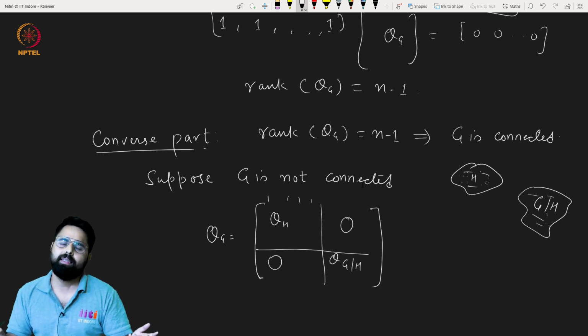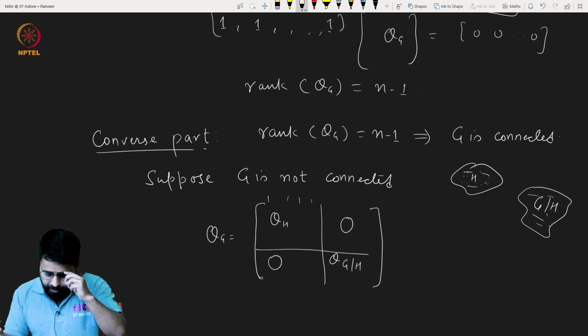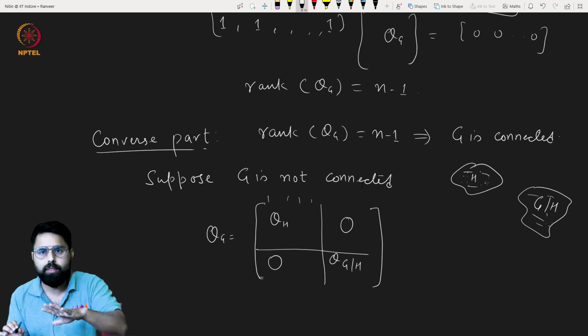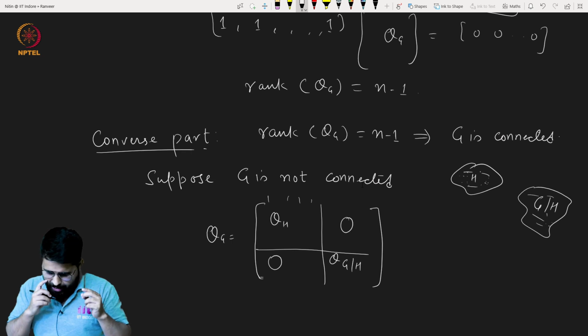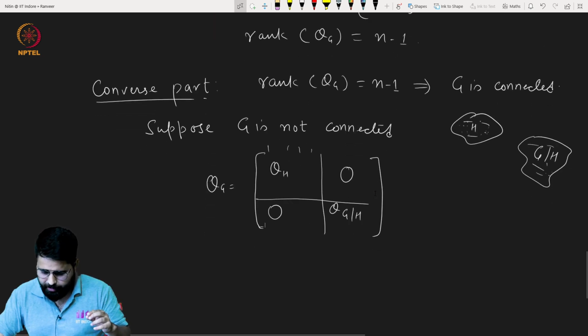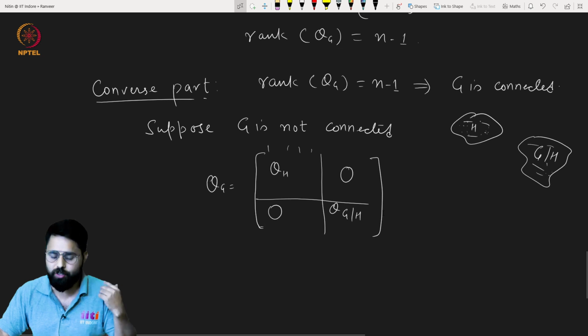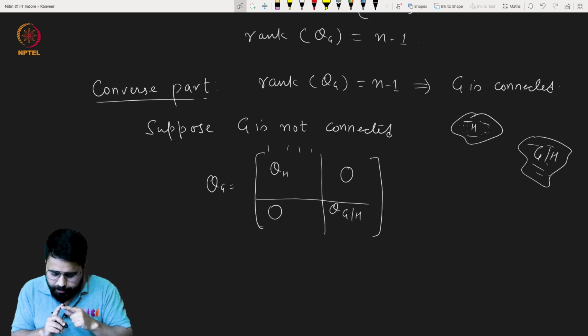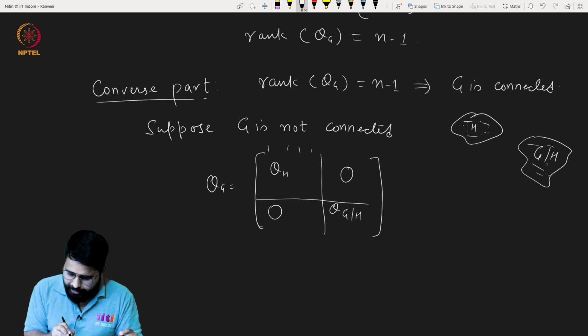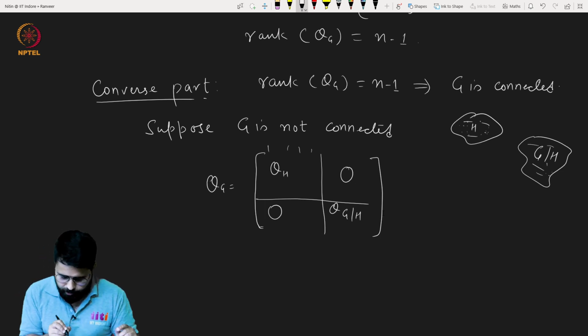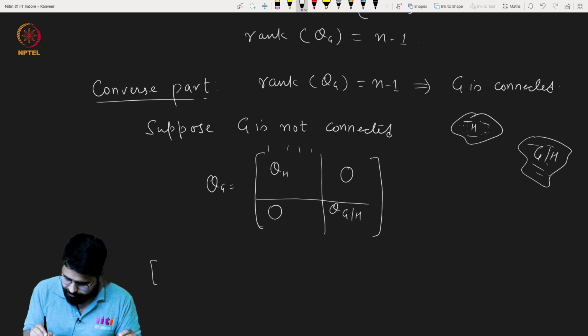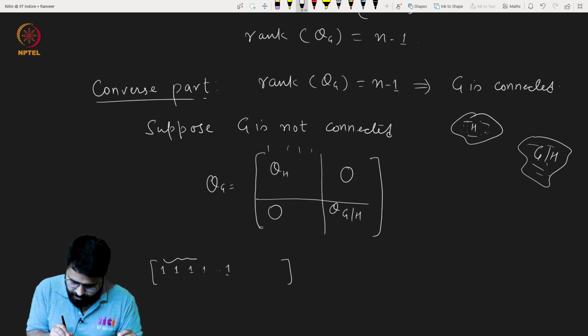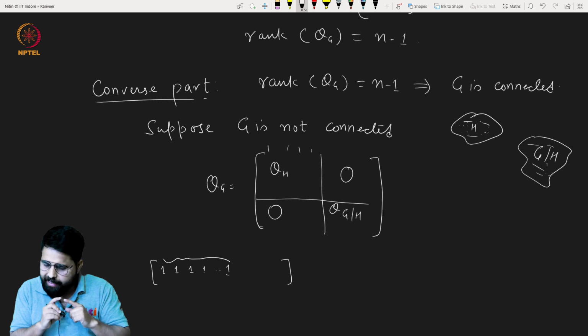Now, it is given that the rank of this QG is n minus 1. This was given to us, right? Let us try to find the left null space of it again, like we proceeded in the first case. If you see this vector where these are all 1, 1, 1, up to how many?